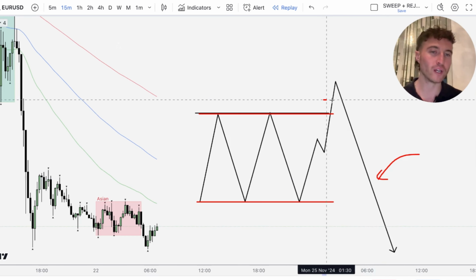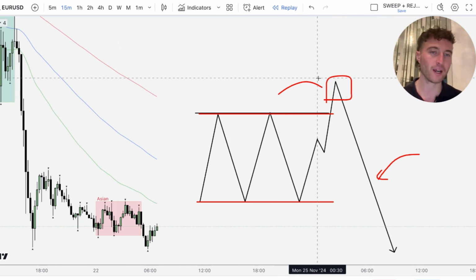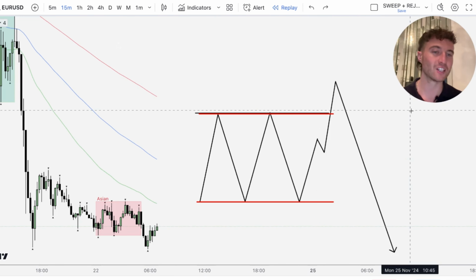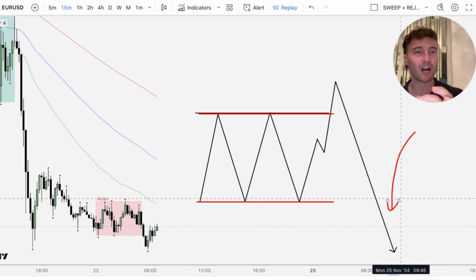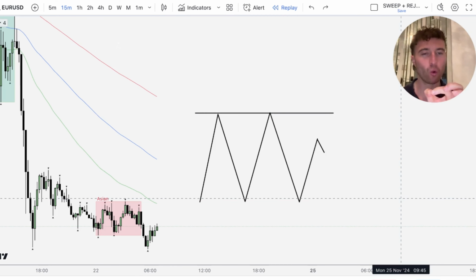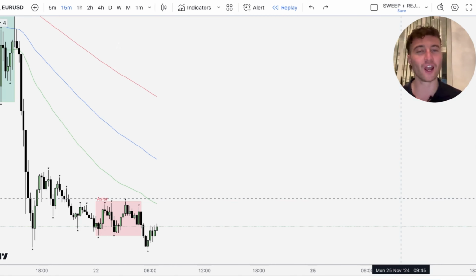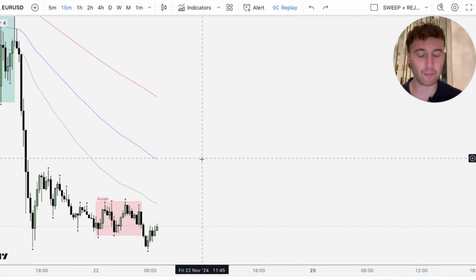So our entry is going to be somewhere in here within this manipulation, and we are looking at taking part in this distribution phase, which is shorting this market to the downside, as long as our bias is shorts on this market.